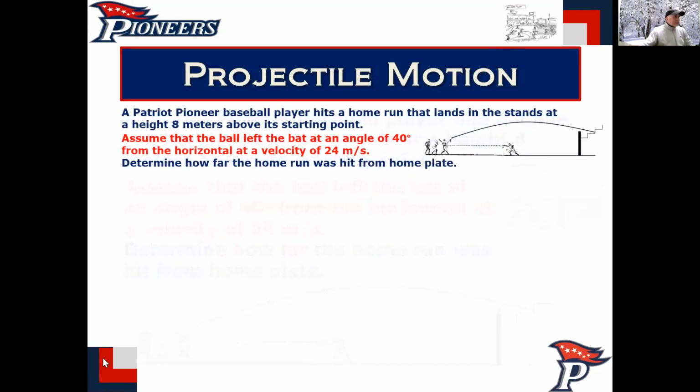All right, as you finish up, so we know the initial velocity and we know the angle and we know that they hit a home run. And so it lands in the bleachers 8 meters above where it starts. So that's a positive end displacement, right? Where the other one had a negative displacement.